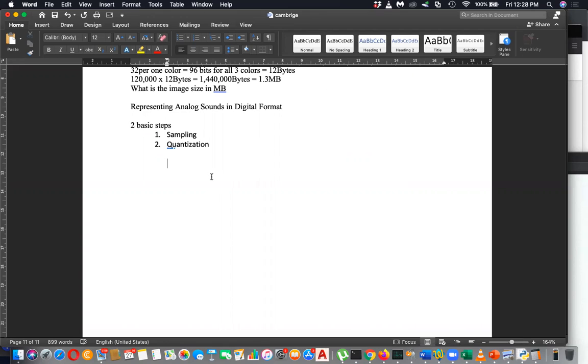Then similar to that, sampling is how many periods per second, and the value of each is quantization. Okay, let me show an image.